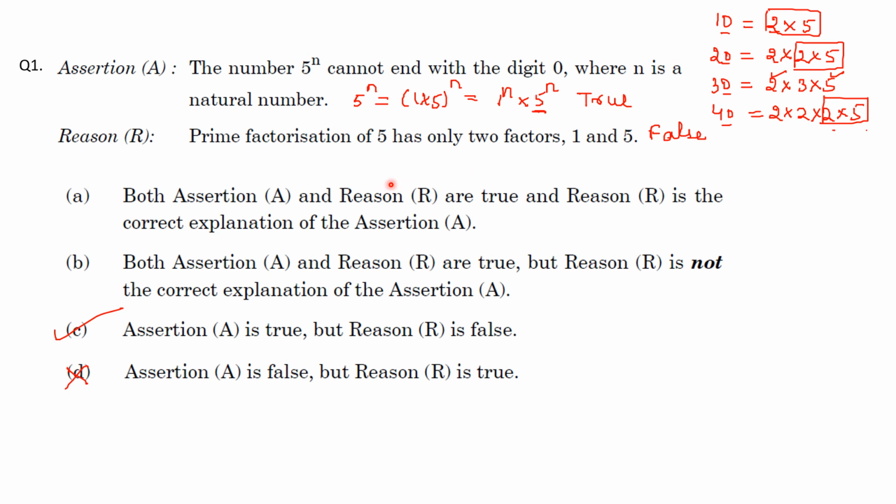So like that you have to first analyze whether the statements given for assertion and reason are true or not. So hope it is clear to everyone now how to solve the assertion reason questions. And I am explaining these questions because your board exam is going to start soon, and it will be really helpful for you to solve the assertion reason type of questions.